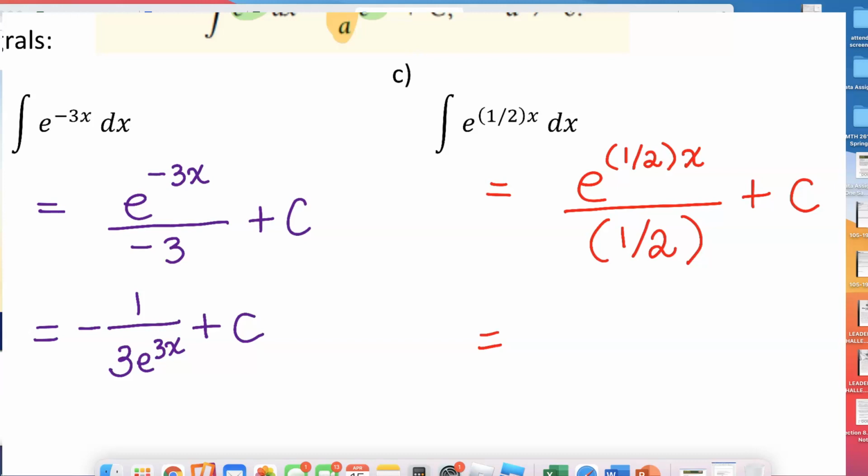Dividing by 1 over 2 is the same as multiplying by its reciprocal, 2 over 1. So instead of saying this nasty dividing by 1/2, I'm just going to multiply this by 2 and say my final answer is 2 times e to the 1/2 x plus c.